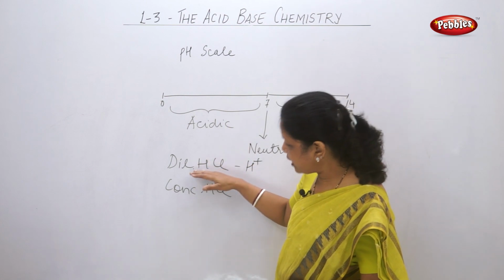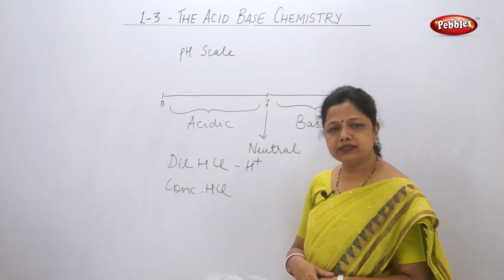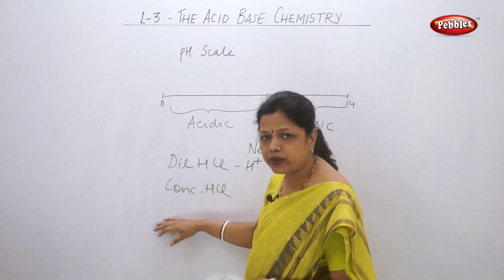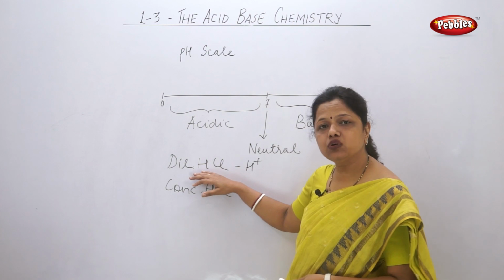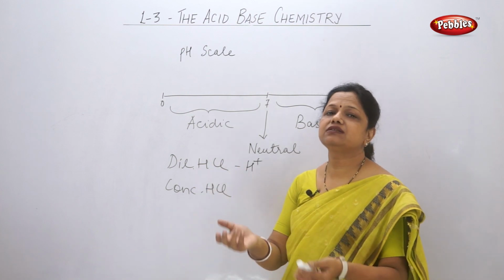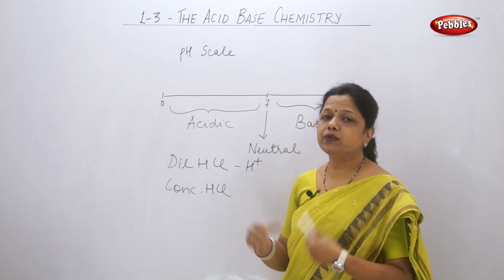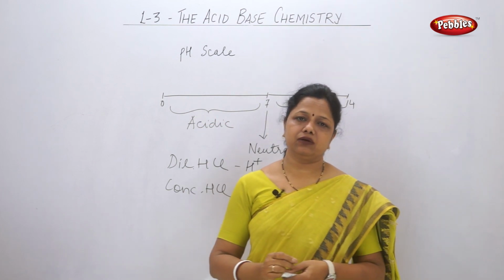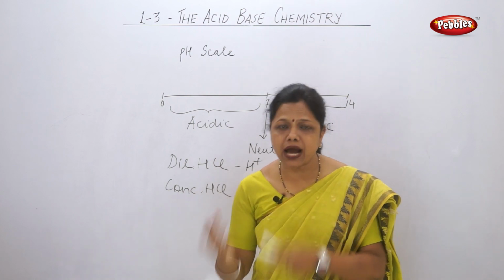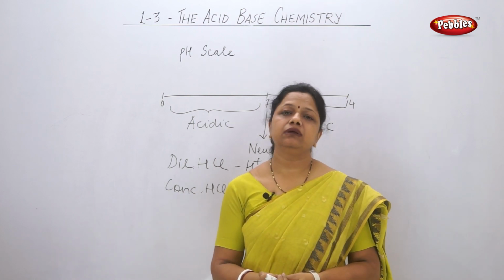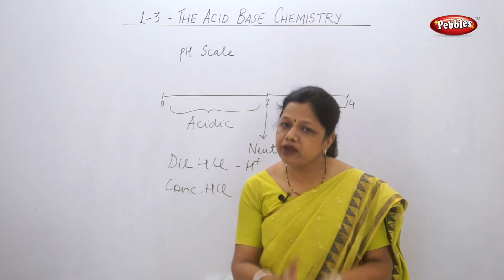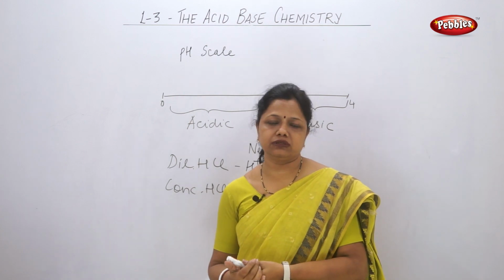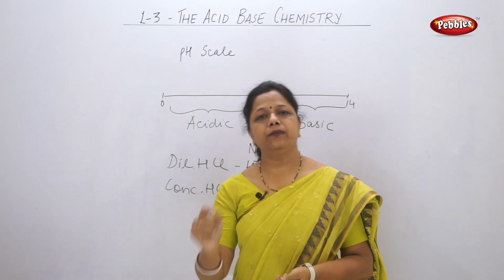So when I compare them, concentrated HCl will show less pH and dilute HCl will show more pH. This is the strength of an acid when I compare it with the pH scale. The number of hydrogen ions present in a solution will determine the strength of an acid. And the hydroxyl ion concentration will determine the strength of the base.